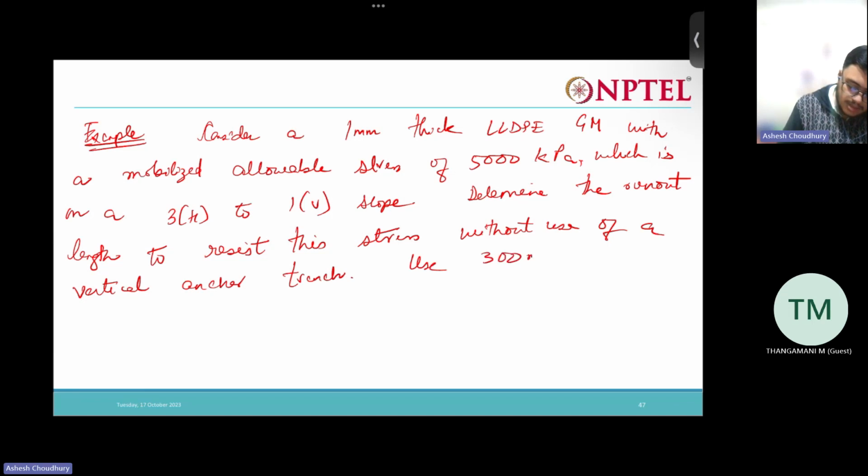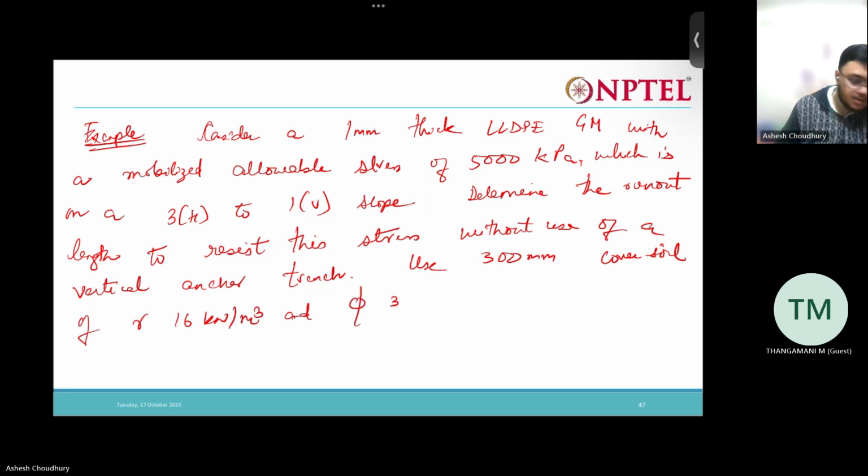Use 300 mm cover soil of gamma 16 kilonewton per meter cube and phi 30. Okay, so let us do this one.